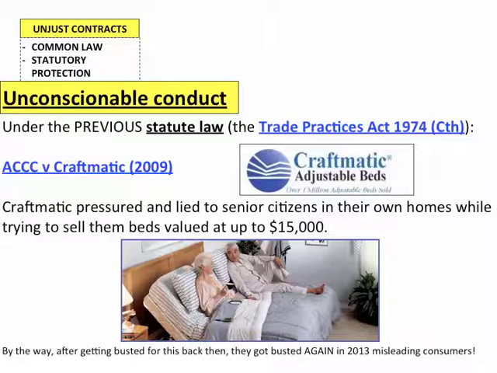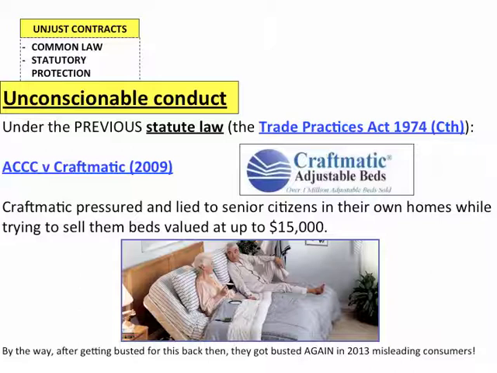Now, what Craftmatic did is they sent salespeople around to old people's homes, and they'd say, "Oh, we're here to check your mattress to see whether it's okay for your spine because some of you have osteoarthritis and so on," and just talked a lot of nonsense to get into the house, and then they would say, "Right, based on our assessment of your bed..." We wouldn't let someone in to look at our bed.